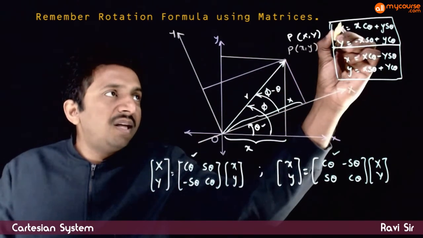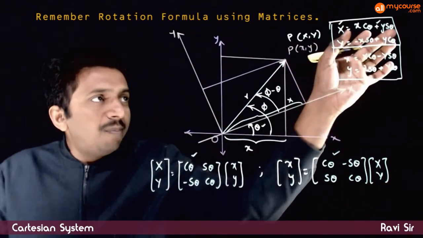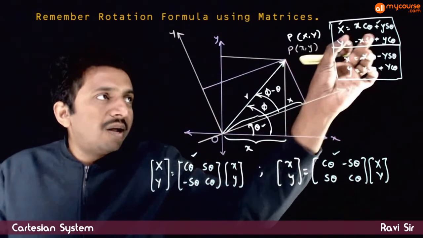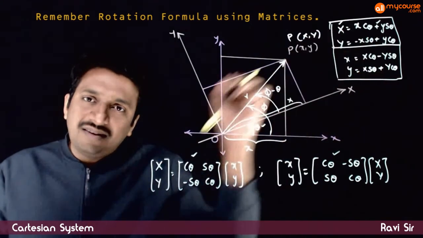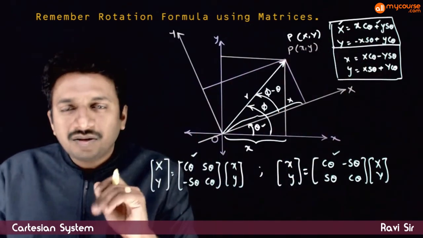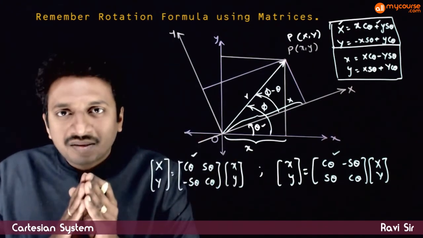So capital X will be small x cos theta plus small y sin theta, because you need a bigger number, you need to add. Just remember that. If you want a bigger number, you need to add things. So capital X has something plus something. If you remember that much, you can go and remember all the remaining things.